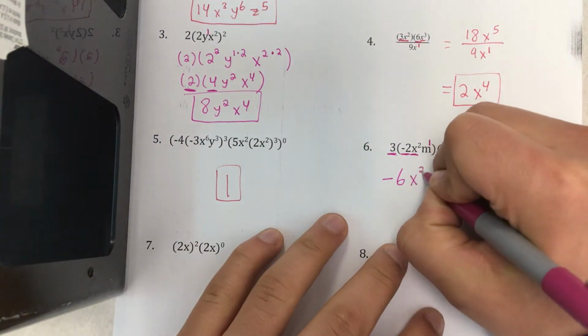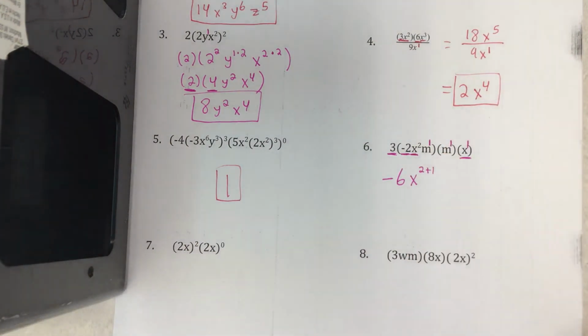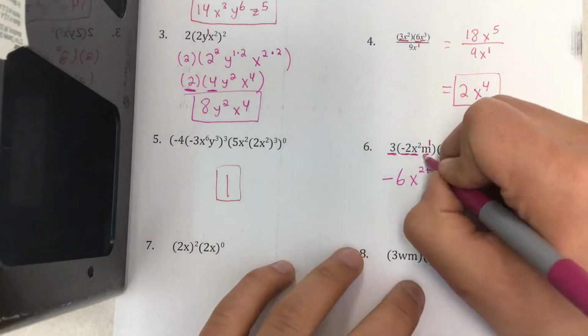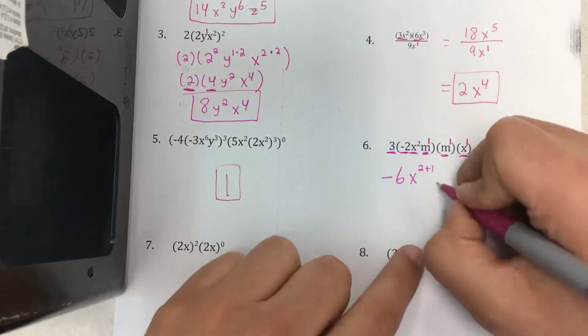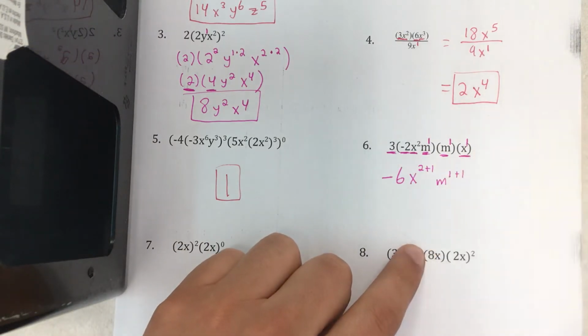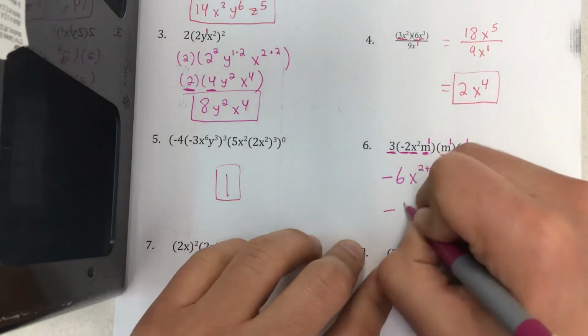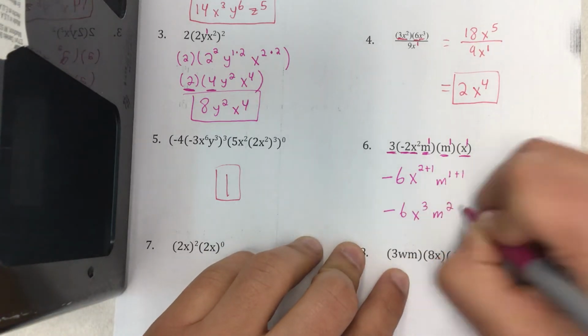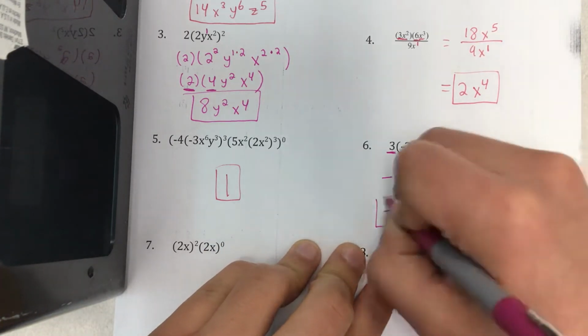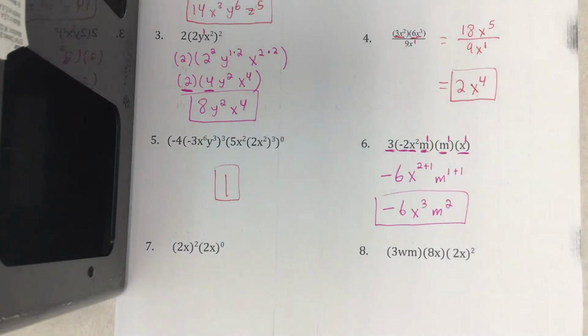So x to the 2 plus 1. Okay? Same thing with the m's, right? I have an m here, m here. So 2 terms with the same base, add the exponents. 1 plus 1. So final answer, -6, x to the third, m to the second. There's my answer. Okay? Easy. 1 step. It just looks a little funky because they have the individual ones, but treat them the same way.